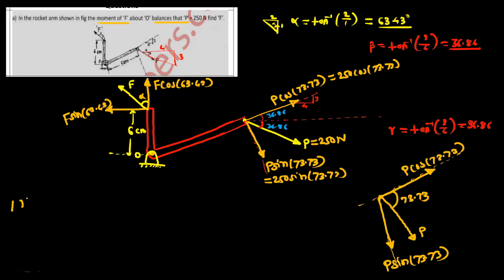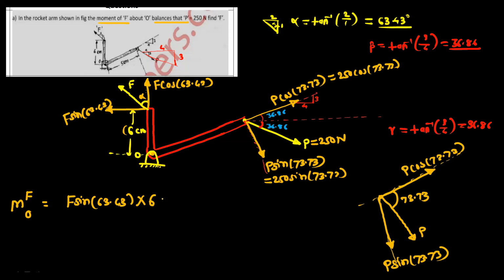Okay. Now take the moment by the force F about the point O. When we take the moment by F, we should take the moment by each component. So consider the component F sin 63.43 into the perpendicular distance with respect to point O. 6 centimeter is directly the perpendicular distance.